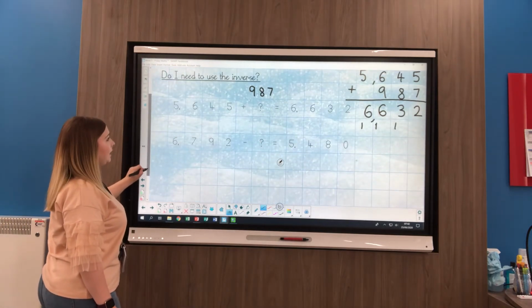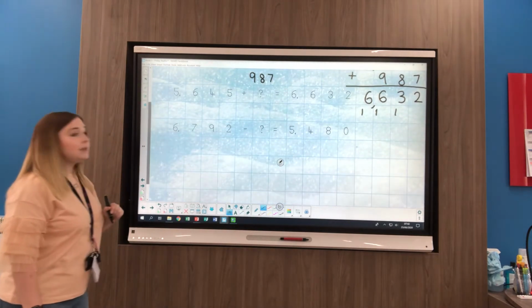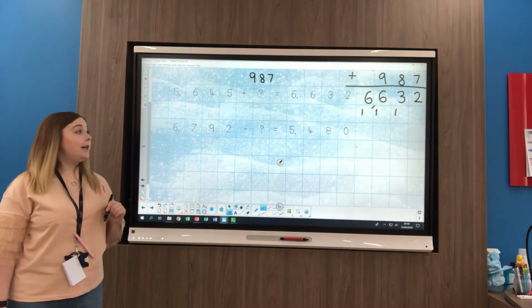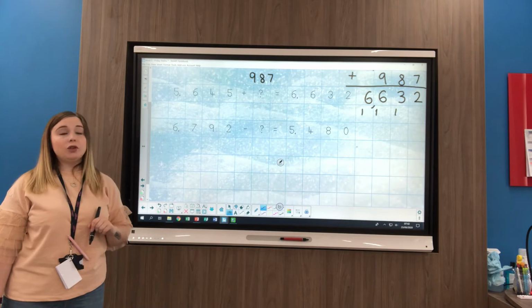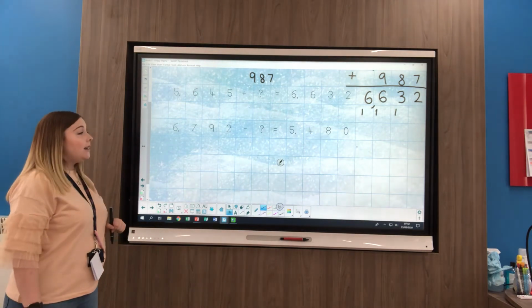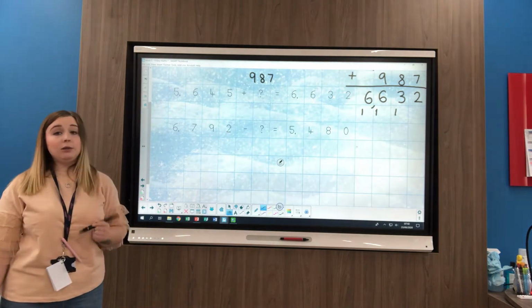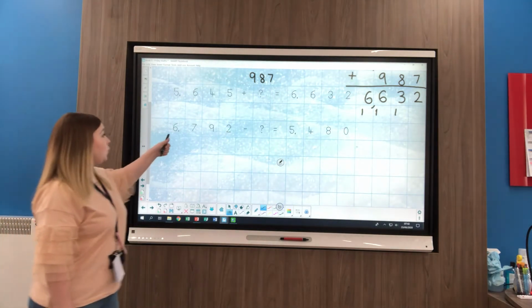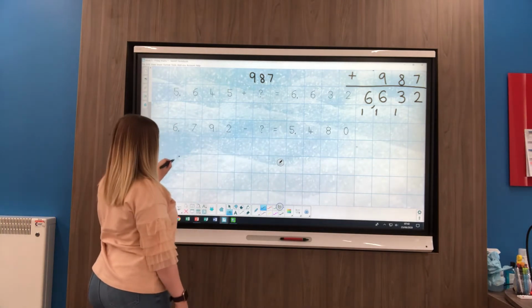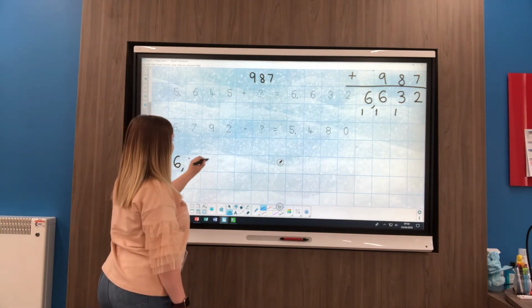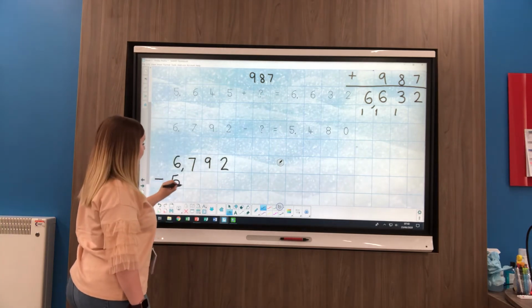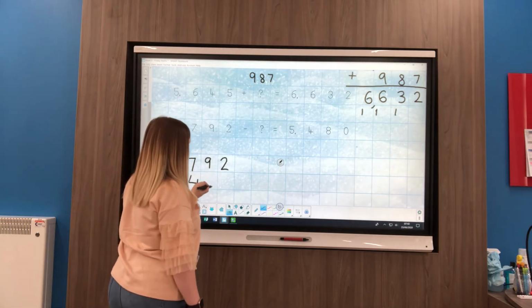So this time we've got 6,792, take away something equals 5,480. Now for this one we don't need to use the inverse, so I'm just going to do this number, take away this number. So 6,792, take away 5,480.